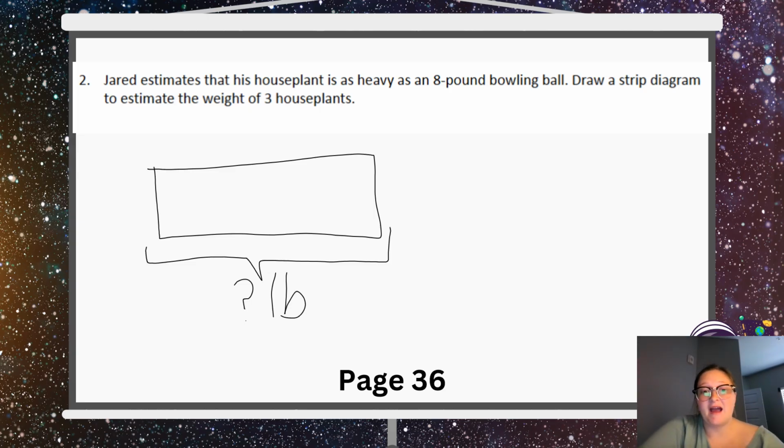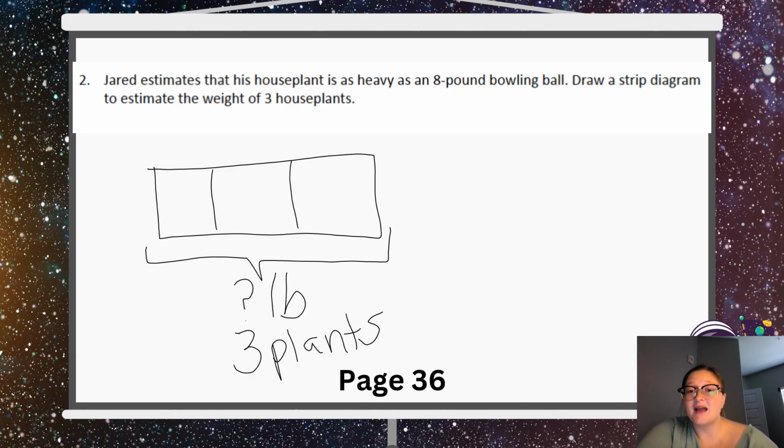I also know that I have 3 plants. So I'm going to go ahead and break my strip diagram into 3 parts. I also know that each part is 8 pounds. So I'm going to put 8 pounds in each part.